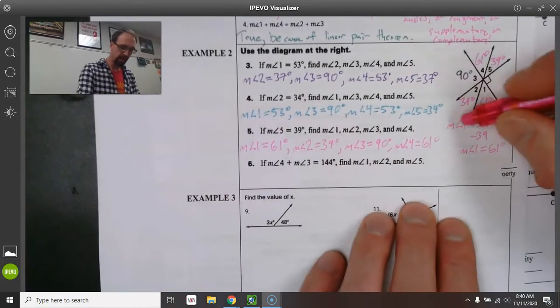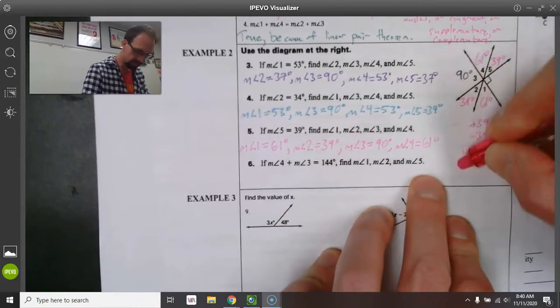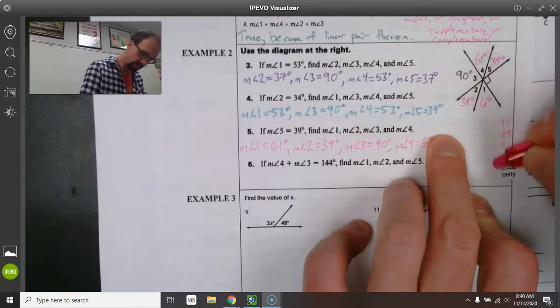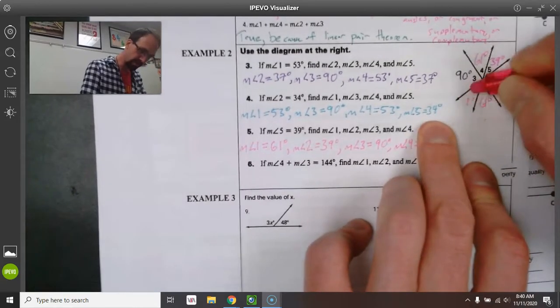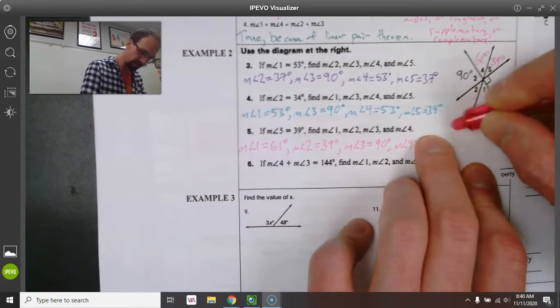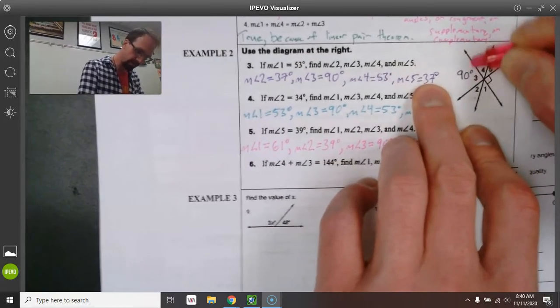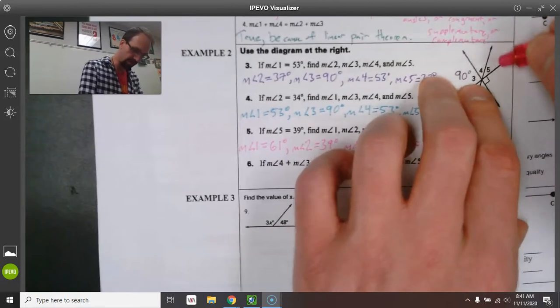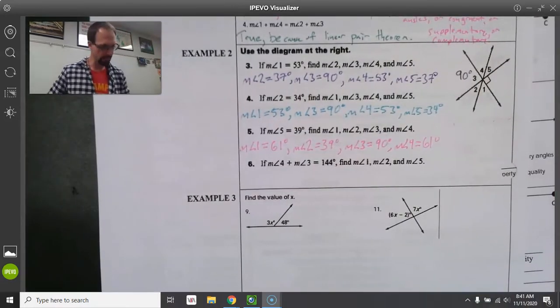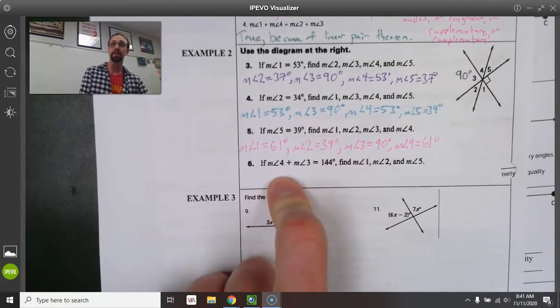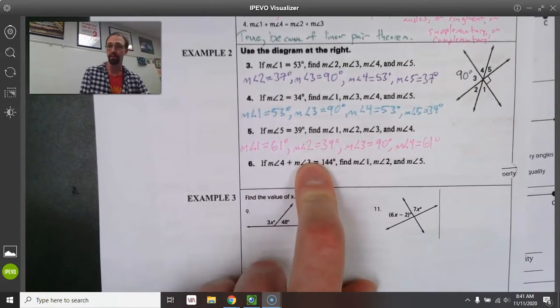All right, and then the last one. So this one gives me information a little bit differently, so I can't use the exact same techniques to solve. Feel free to, as always, try them on your own and then see if you can get what we got. So now, this one says the measure of angle 4 plus the measure of angle 3 is 144 degrees.